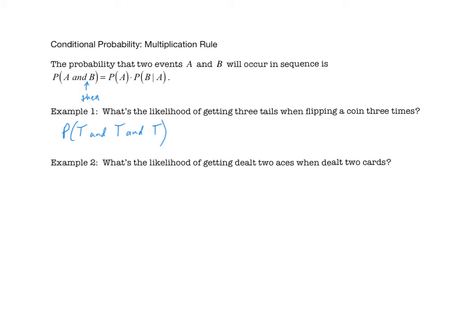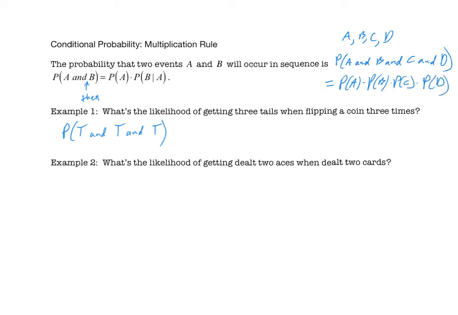So for example, if you know that A, B, C, and D are all independent of one another, then the probability of A and B and C and D would simply be the probability of A times the probability of B times the probability of C times the probability of D. So I'm making the assumption here that these are independent.